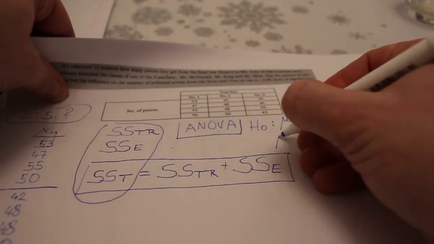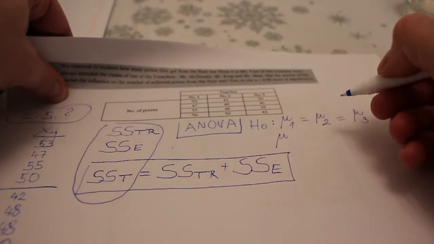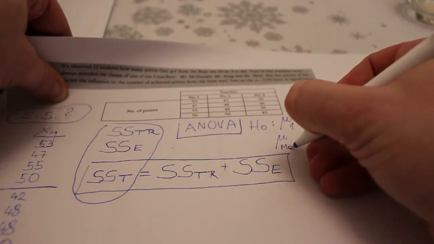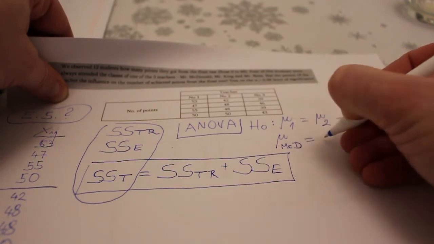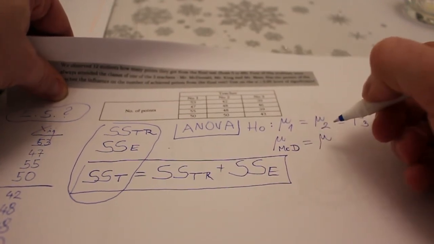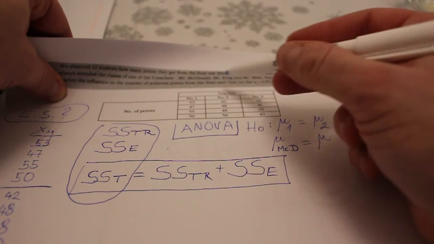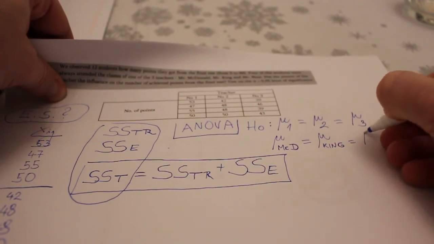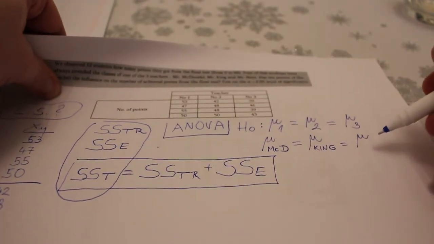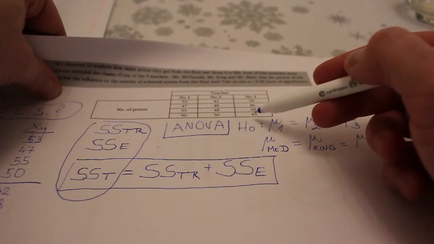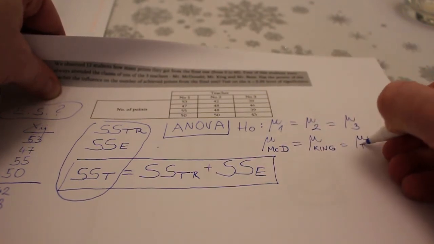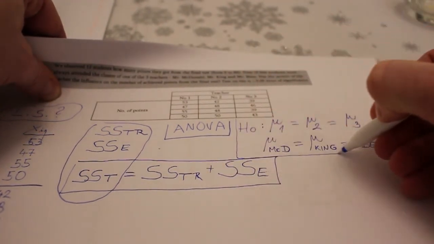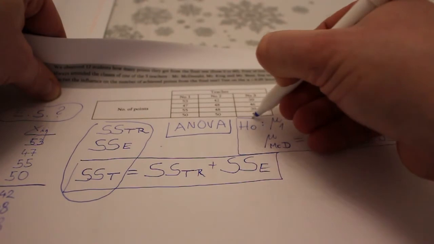In our situation, the average number of points you receive from Mr. McDonald is equal to the average number of points you can receive from Mr. King, and this is equal to the average number of points you can receive from Mr. Benz. So, equality of at least 3 different means.